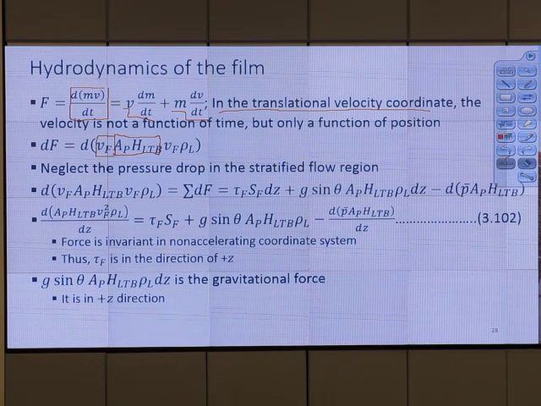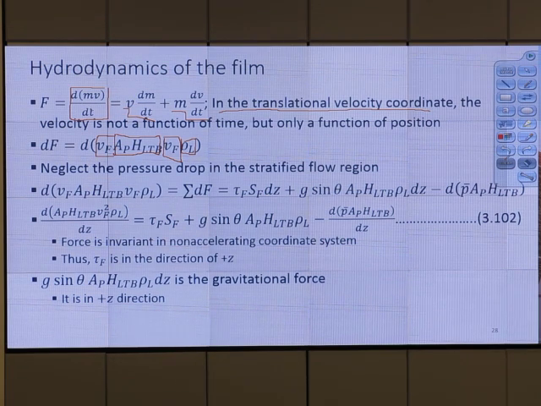Volume per unit time multiplied by rho will be mass per unit time, m dot. And I say, okay, m dot multiplied by V is the same as d(mv)/dt. Okay, roughly they are the same.